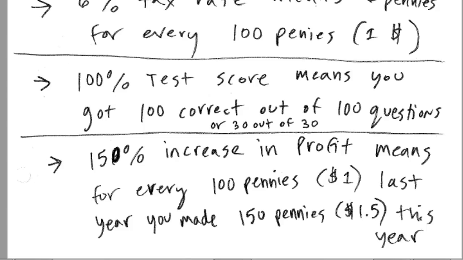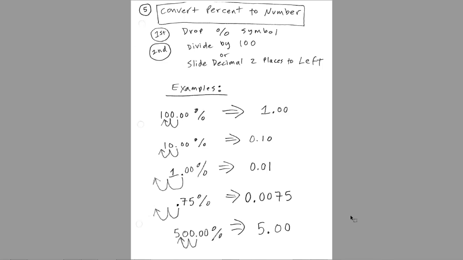An example for greater than 100%, think of a company reporting earnings or profits compared to last year. 150% increase in profits means for every 100 pennies or $1 last year, you made 150 pennies or $1.50 this year.